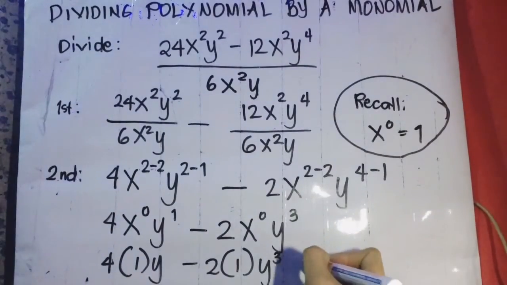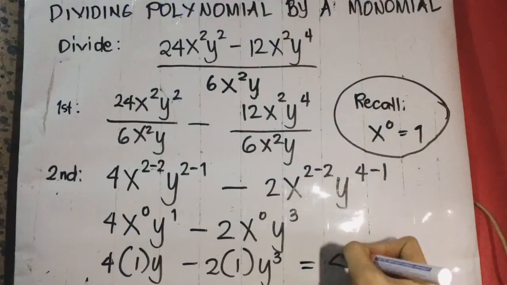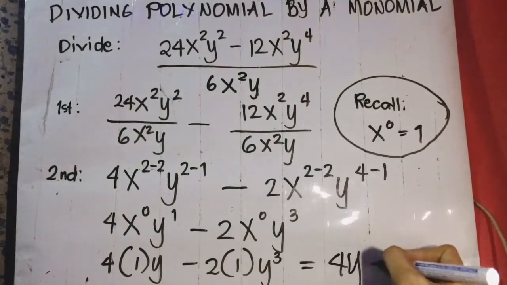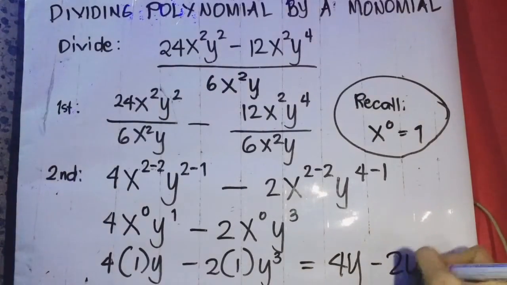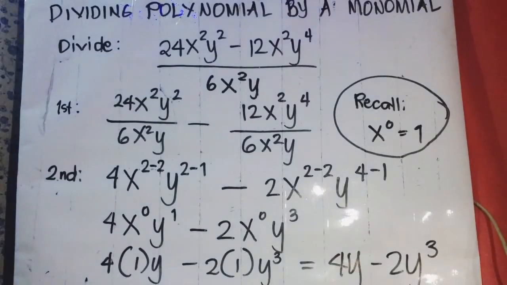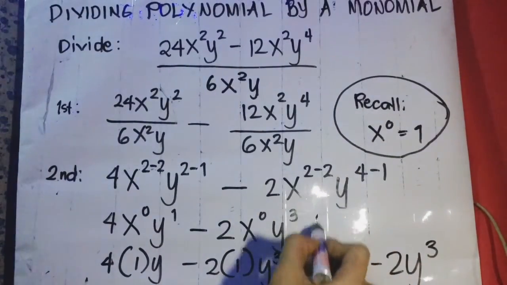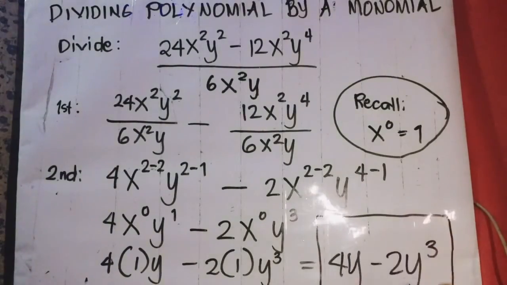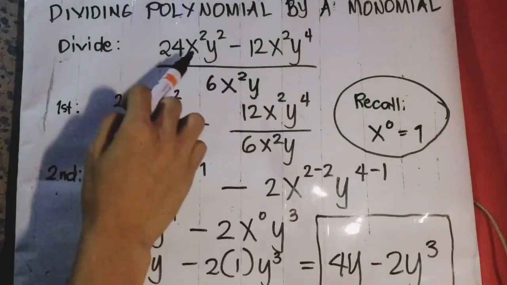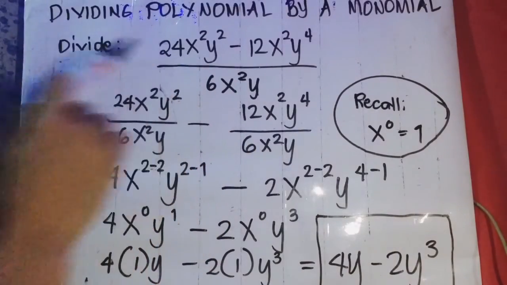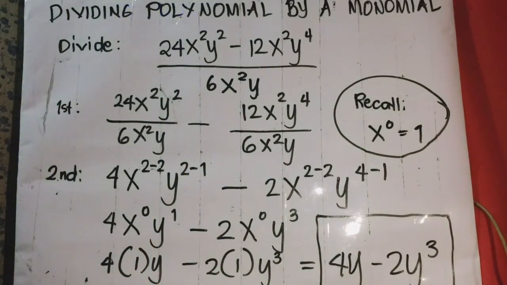So we get the product, 4y minus 2y to the power of 3. Can we simplify this? No, we can't simplify this anymore. Therefore, this is the quotient of our expression: 4y minus 2y to the power of 3.